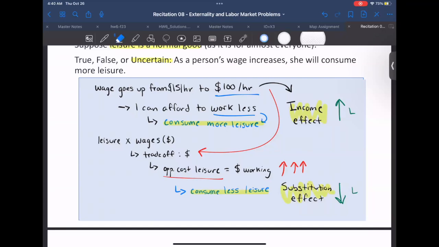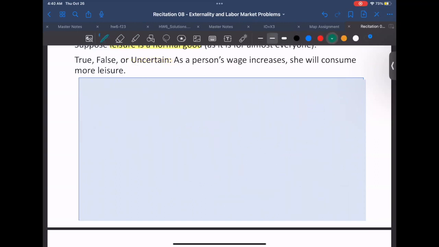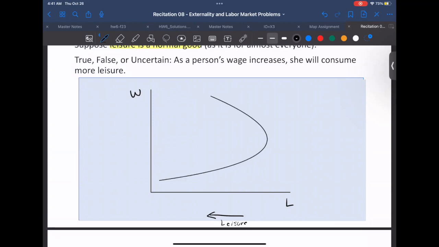Now, I'm going to end this example off with a graph that you'll learn in intermediate micro if you choose to take it, where if we have a graph of wage on labor, where less labor means more leisure, then what ends up looking like is like this.